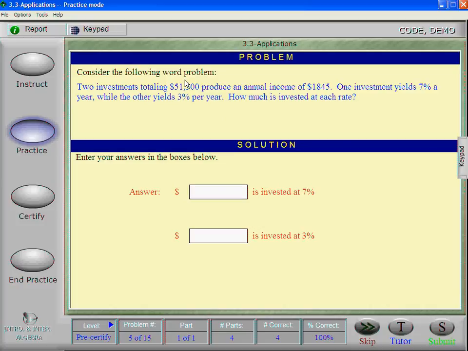Those X's and Y's represent how you're splitting this money up. So if X were 30,000, Y would be 21,500. So you're thinking about how to split those two pieces.